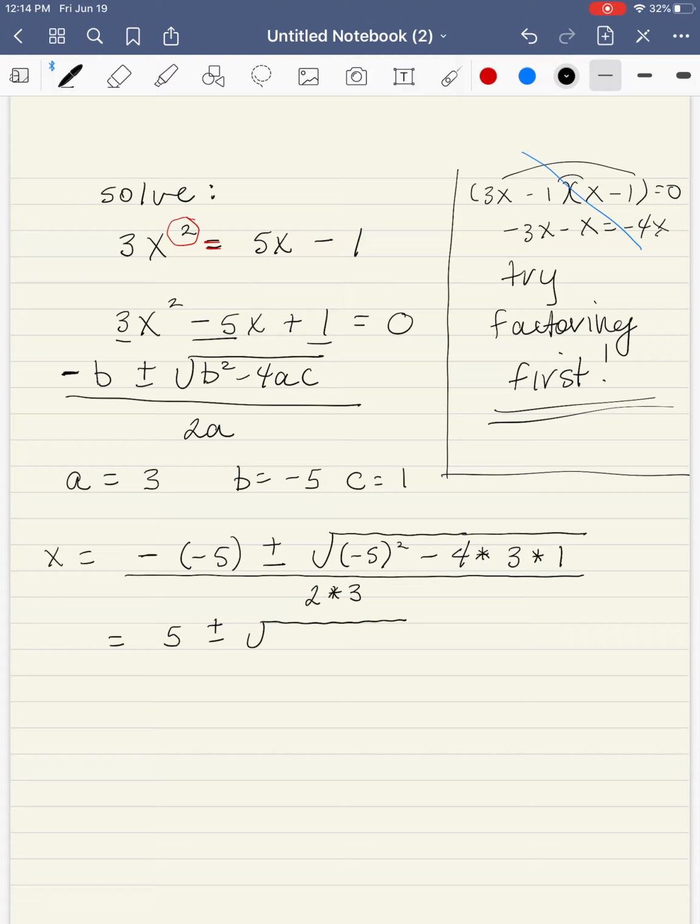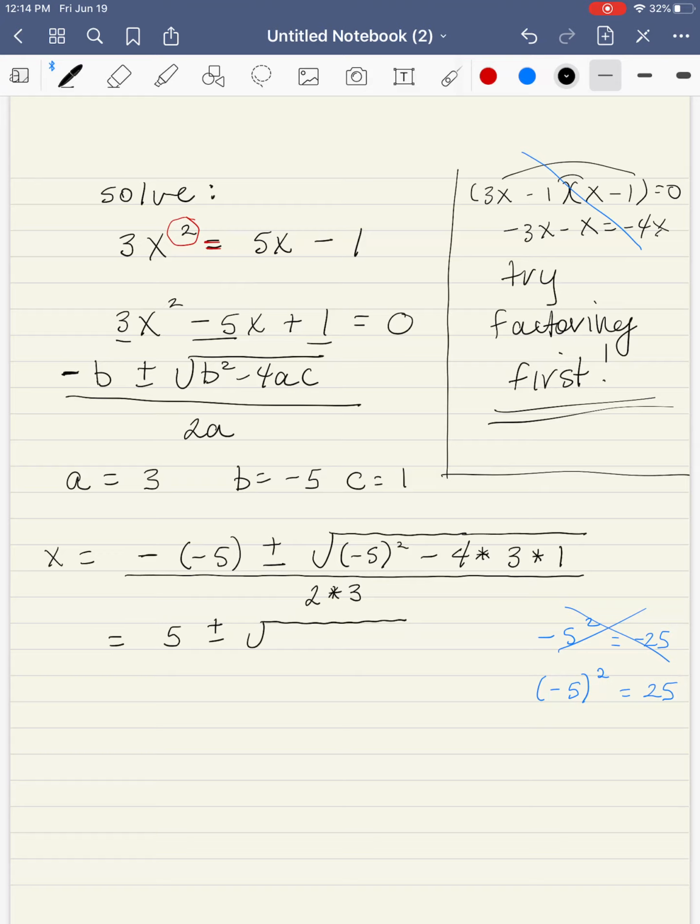And be careful here. If you're using your calculator and you plug in -5 squared on your calculator just like that, it's going to tell you it's -25. And we know that that's not what we want. That's wrong. So if you absolutely insist on using your calculator, be sure to put a parenthesis around that so you get the positive 25.